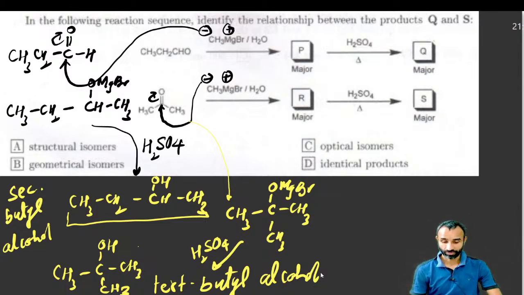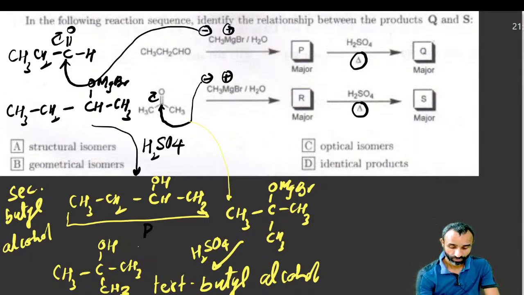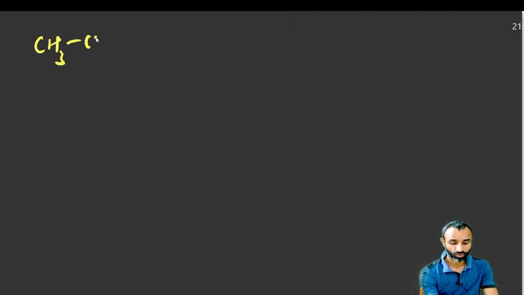Okay, it is not dilute H2SO4, there is heating as well, right? H2SO4 with heating. Okay, this is P and this is R. On heating, you apply Saytzeff's rule in this case. So in the first case we get but-2-ene.